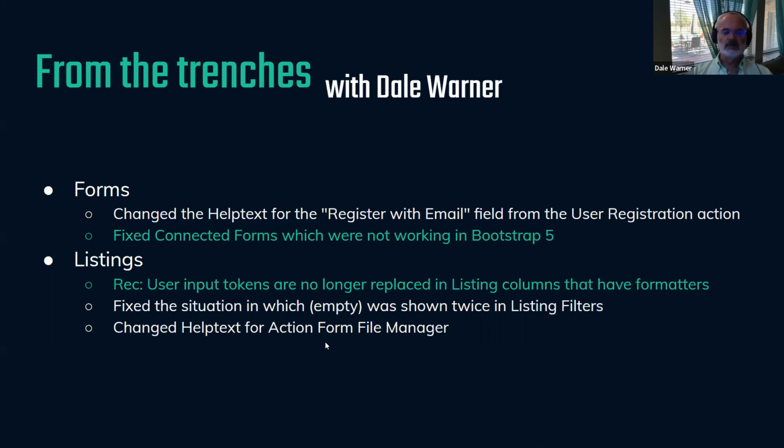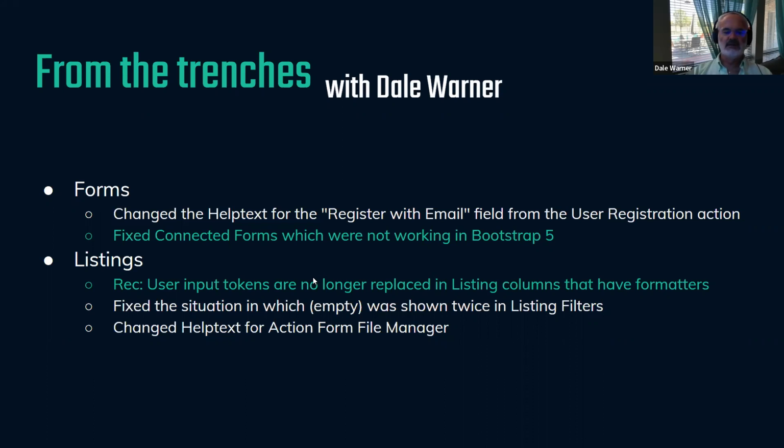A couple that are important, I think, that I've highlighted here. We've had an issue with connected forms not working in Bootstrap 5. This is where you have 2 different forms on the same page and you want to submit them all at once. So you use this connected form feature. It wasn't working, and so now we've released a hotfix to that.